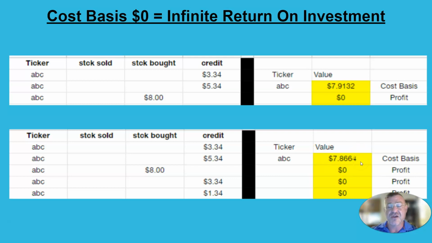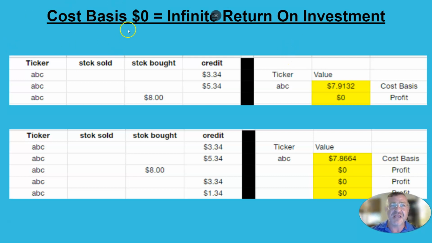What happens when this cost basis eventually is at zero? What happens over time of collecting dividends and selling covered call options? What happens when you have pulled $8 out? I'll tell you what happens. You have $800 in your pocket. You have 100 shares of stock.